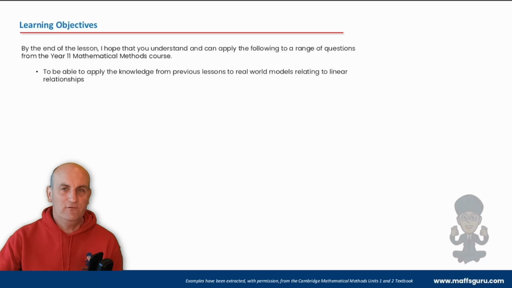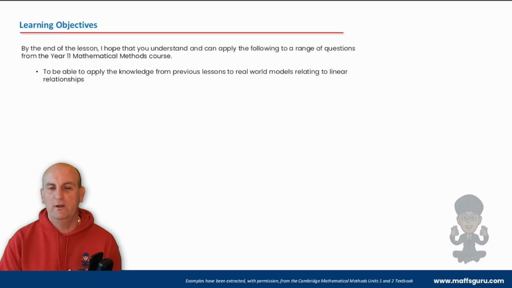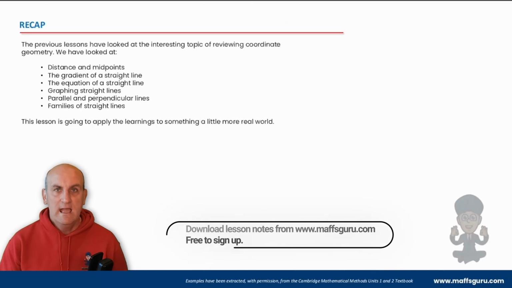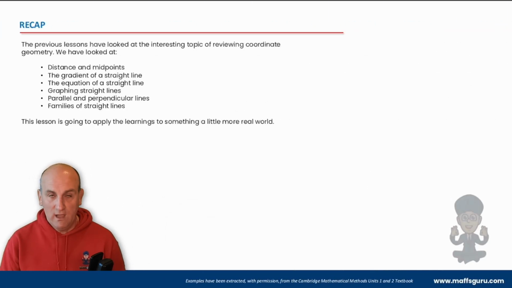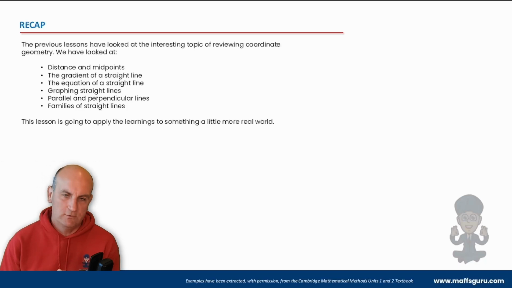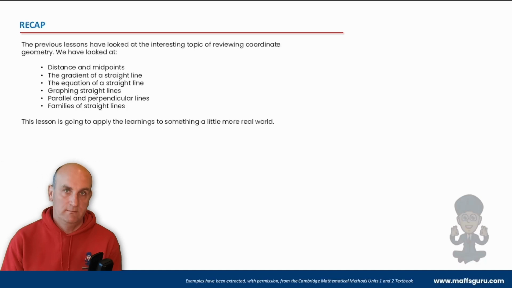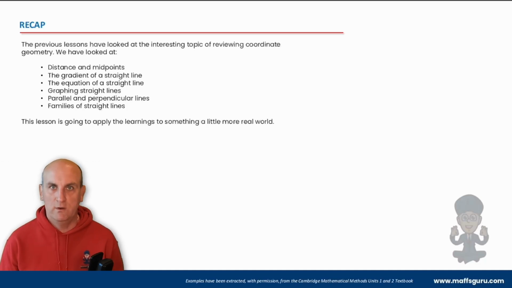Now, our learning objectives behind me: be able to apply the knowledge from previous lessons to real world models relating to linear relationships. And as I say, if we look at the recap, we've done an incredible amount of work in this chapter already, looking at distance and midpoints and gradients and straight lines, equations with straight lines, graphing straight lines, etc. Now, what we've got to realize is that the theory behind all of this underpins real world examples, and methods is all about the real world examples.